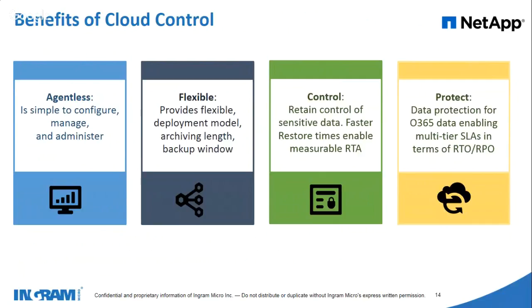It provides flexibility. You can go ahead and not only back up, you can even archive data to a very large extent. You have complete control of the data, which means you can technically search within the backup which you have taken. You can do an e-discovery search and even export the data out of Cloud Control and store it locally if required.